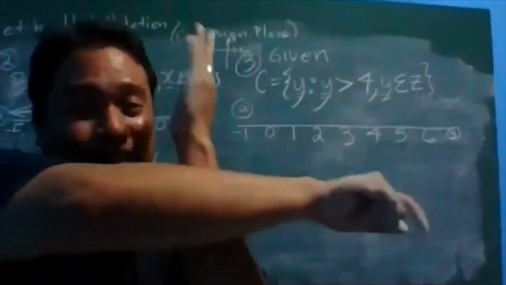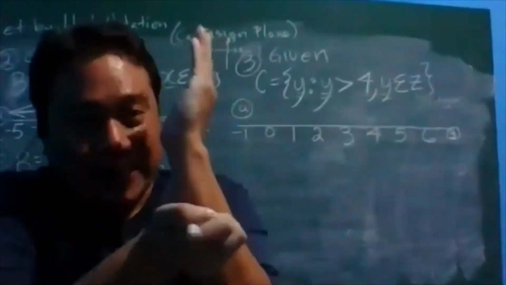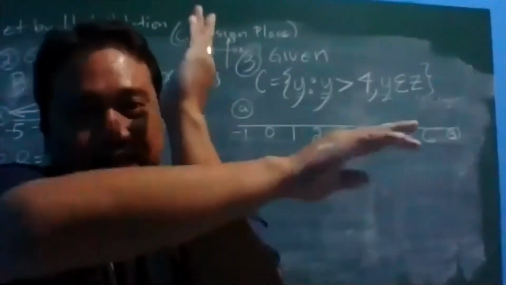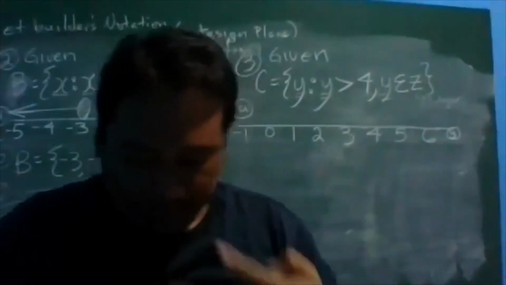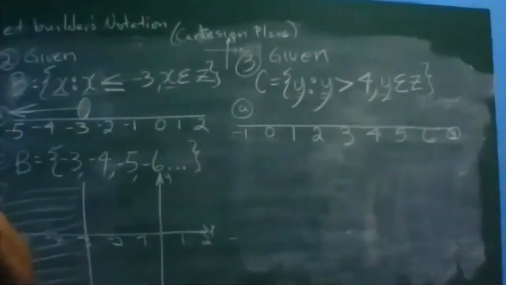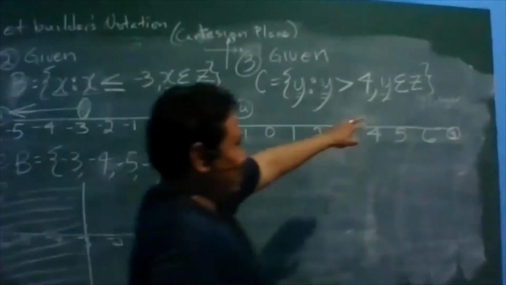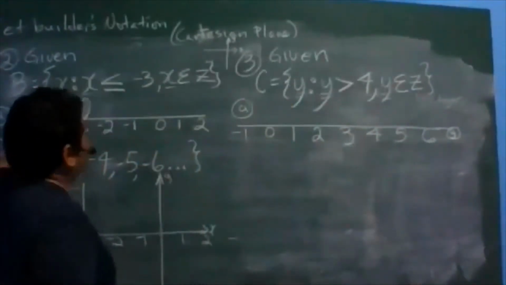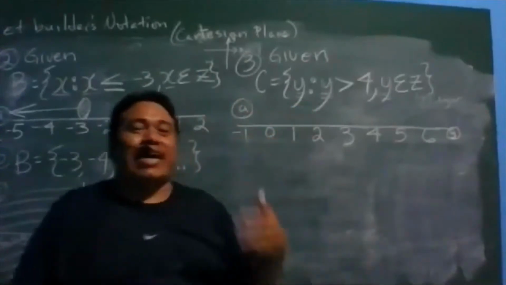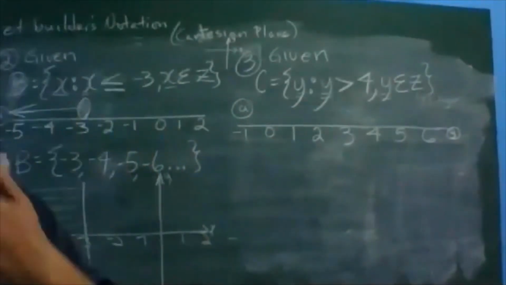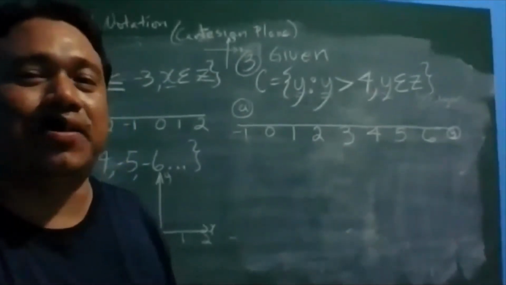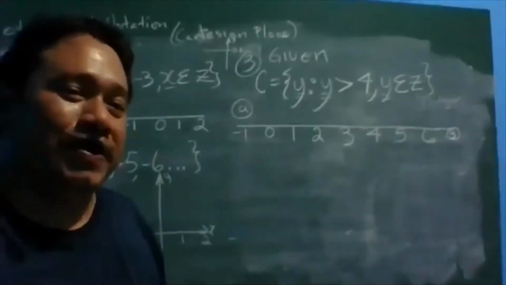That's why it's x, y, and z. But we're not dealing with z, we only deal with x and y. It's not this z. This means integer. These x and y mean dimensions, planes. We'll get into that discussion when we meet on Friday.